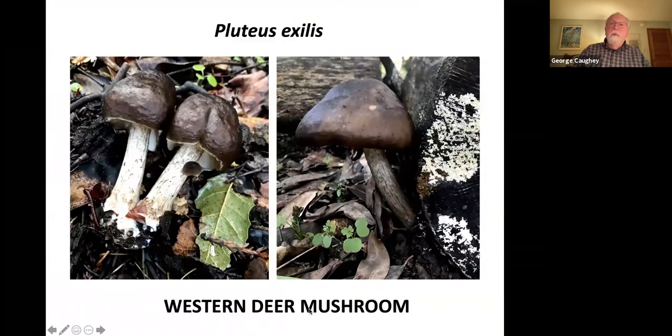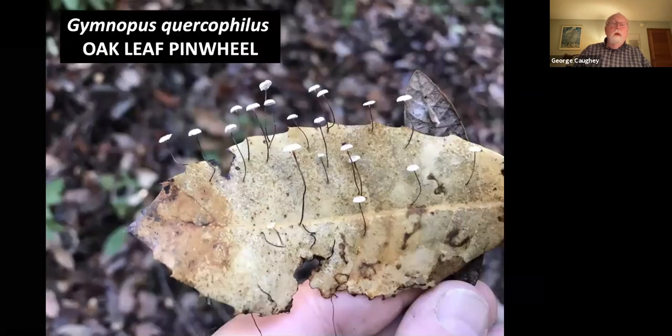Here's the western deer mushroom, often growing right out of a rotting log. Quite robust, sometimes shiny, very common. And then there's several mushrooms that specialize in decaying leaves. This one we see quite a bit.